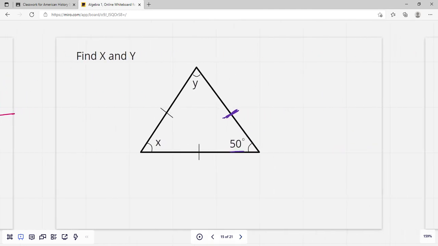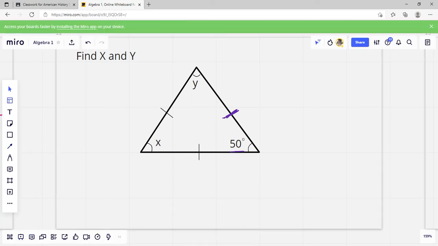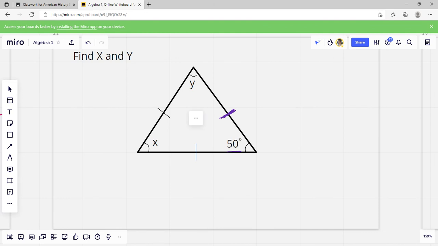Find x and y. Alright, so on this one, I've made my diagram wrong. Let me fix that real quick. Delete that bottom line, if it'll let me.